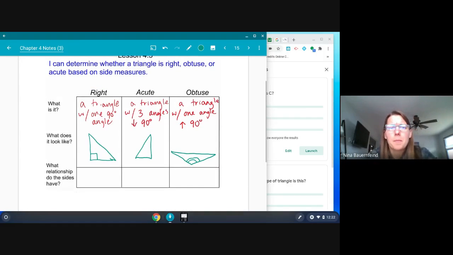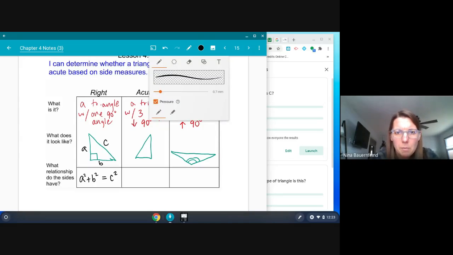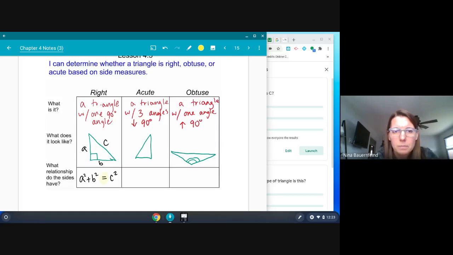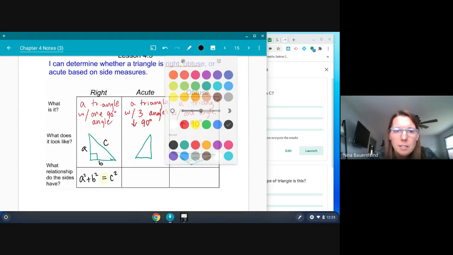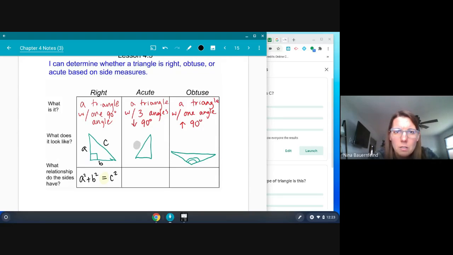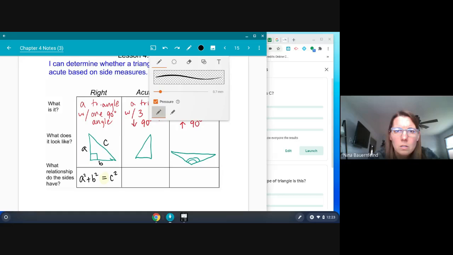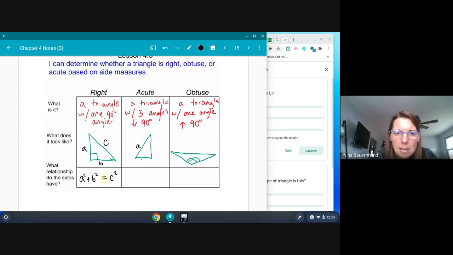So in a right triangle, what is the relationship with the sides? In a right triangle, what we know is that for A, B, and C, A squared plus B squared equals C squared. That's what we know about right triangles. They are equal. And then there are some different relationships here, and I'm just going to tell them to you.